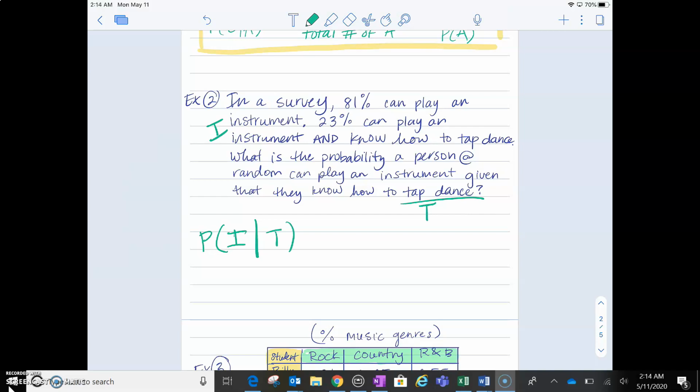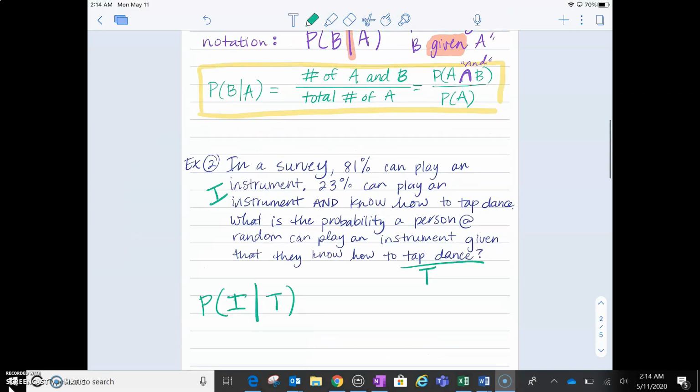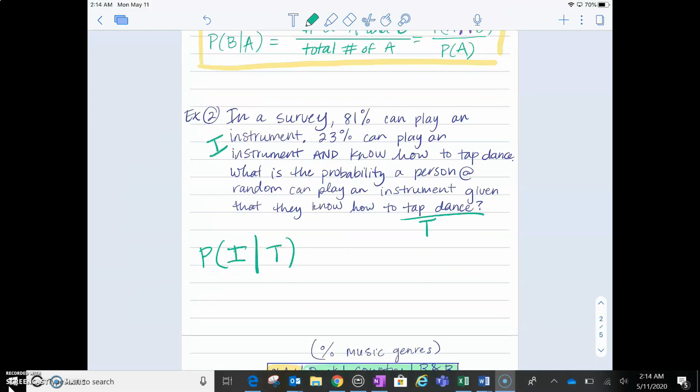So let's go back to, oh, wait a second. 81% can. I just realized that I didn't give you all the information that you need here, so I'm going to add to this. Hopefully you're paying close attention and actually listening, not just writing, otherwise it's going to be confusing.